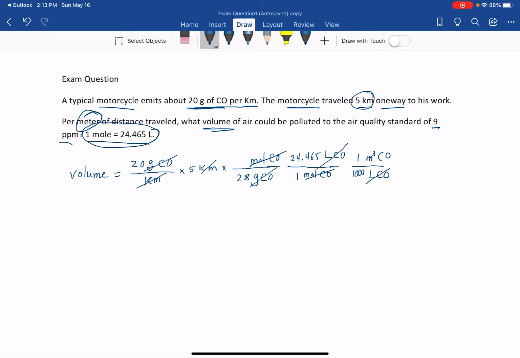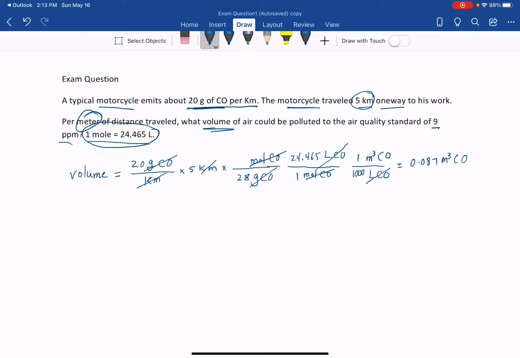You'll end up with, at the end, meter cubic of carbon monoxide. So this is how much being emitted for the 5 kilometers. So if you just multiply and divide, 0.087 meter cubic of carbon monoxide. This is for the 5 kilometer one way to his work.